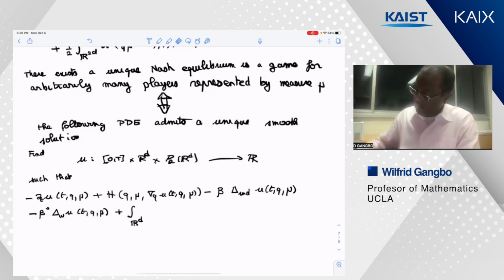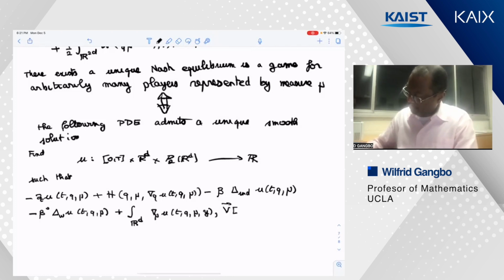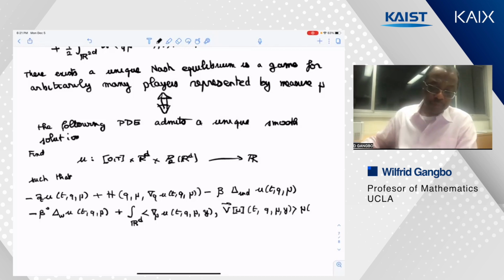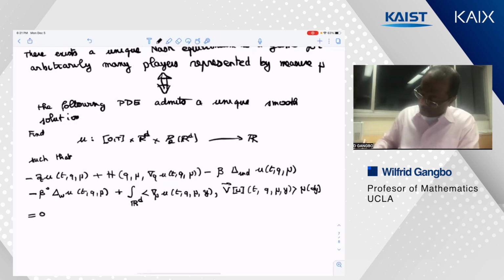I am going to take the Wasserstein gradient of U at T, Q, mu, Y. And I am going to write an inner product with a velocity, which depends on U, at T, Q, mu, Y, dy, equal to 0. And U at T, Q, mu equal to G at Q, mu.